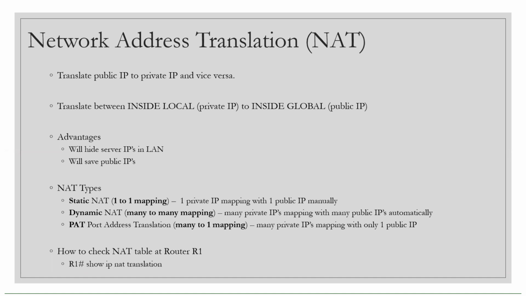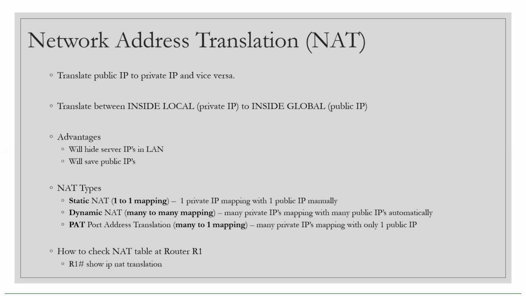Static NAT is one-to-one mapping, which is one private IP mapped to one public IP, and you have to configure that manually. Dynamic NAT is many-to-many, which means a pool of private IPs mapped to many public IPs, but that is done automatically. PAT, port address translation, is many private IPs mapped to only one public IP.